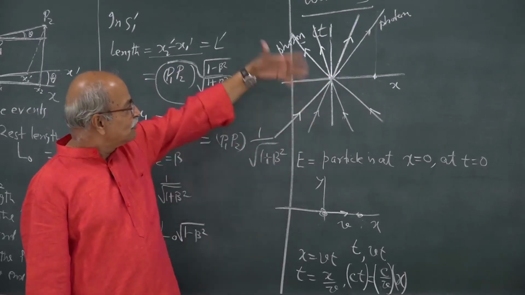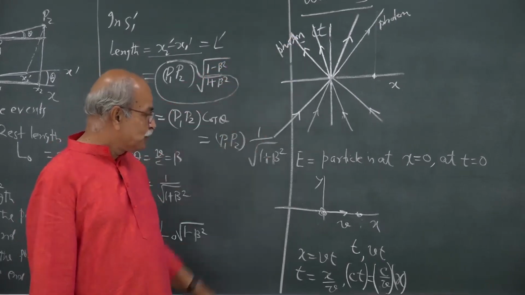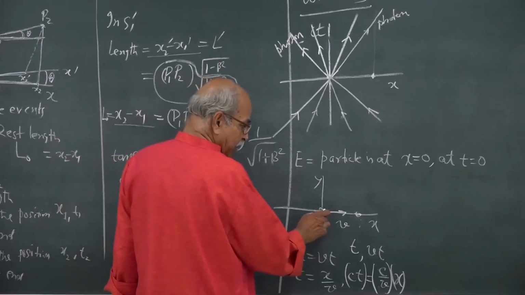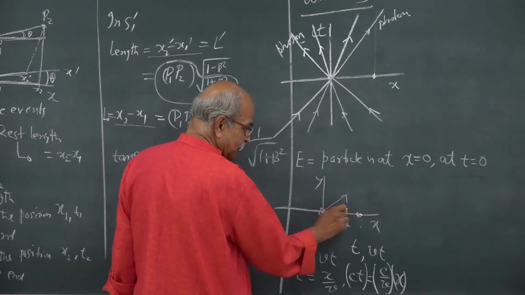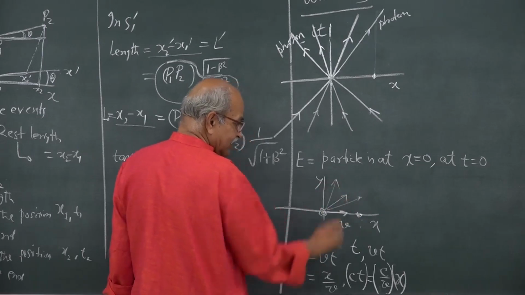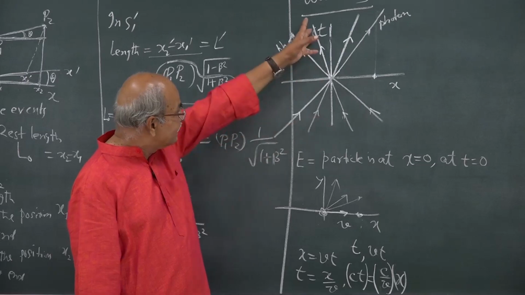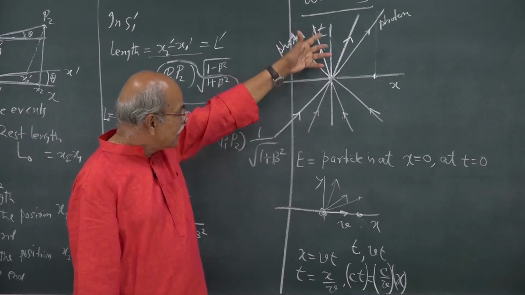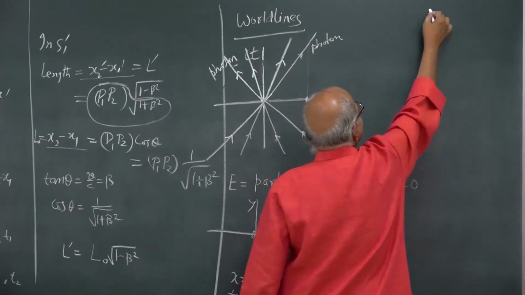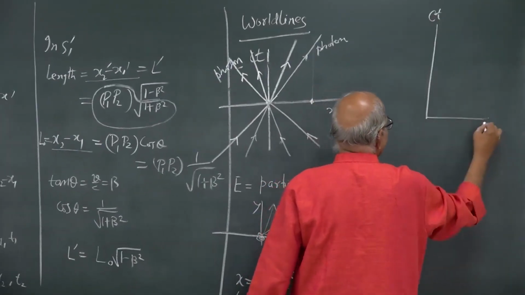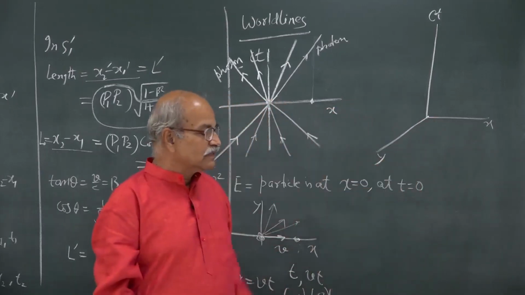So, these kind of representations can be made if you think of a particle which can move in this xy plane. Particle can move in this direction or that direction or that direction, and you try to pick up a Minkowski type diagram. What you will have to do is, let us take the ct axis here, and then x here, and then y here, like this.